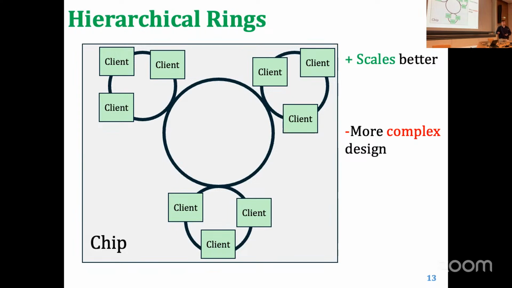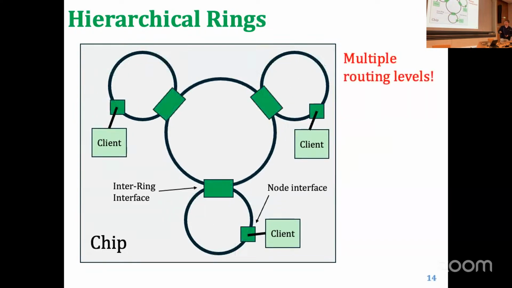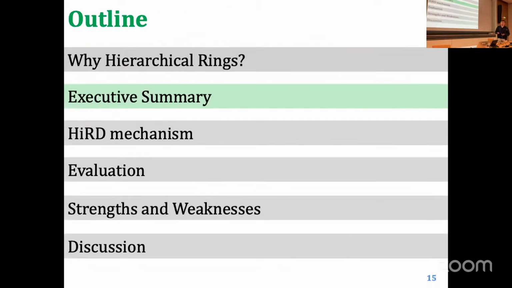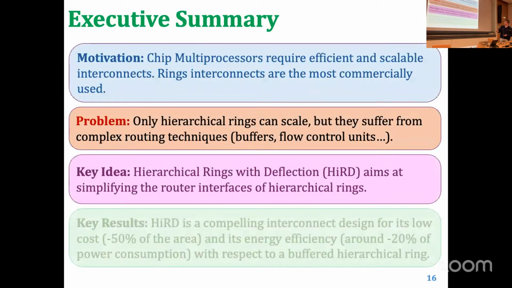It is that now we have a much more complex design and routing, in particular because we don't have just to take care of the interface between the local ring and the core, but also of the interface between the higher level rings and the lower level rings. And this is where this paper comes into the game.